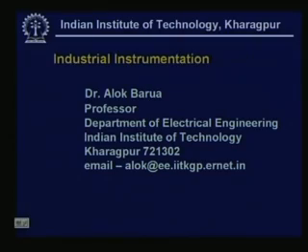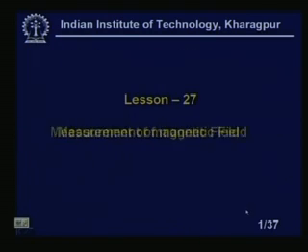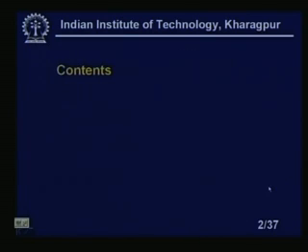Let us look at the contents. The contents are the search coil, the magnetometer search coil, which we will discuss here. As we know, if you move a coil in a magnetic field, some voltage will be developed.